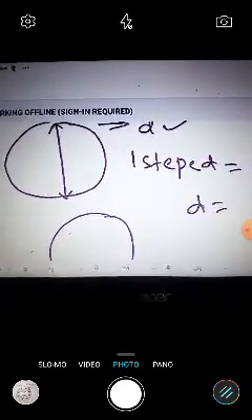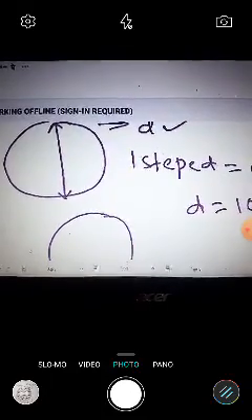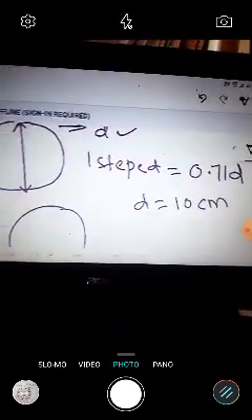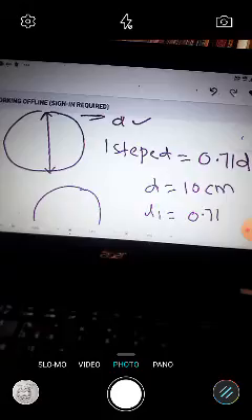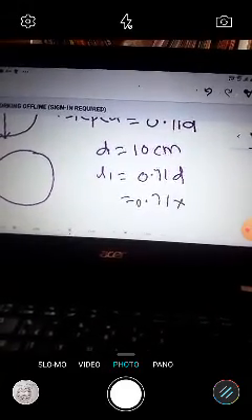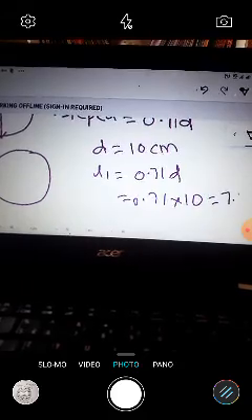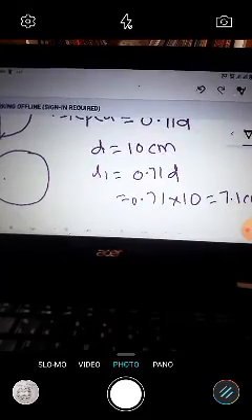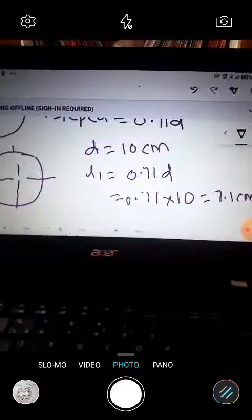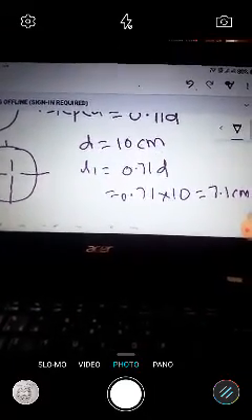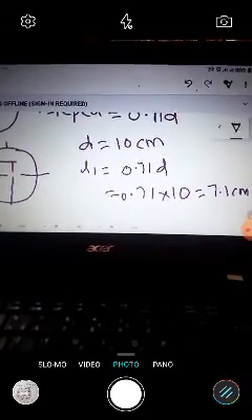Let us assume 10 centimeters, where I am drawing 10 centimeters, and length L1 is taken as 0.71d. Always make sure that when we are calculating length 1, for a single step we use the formula 0.71 and multiply by the given dimension, that is d equal to 10 centimeters.